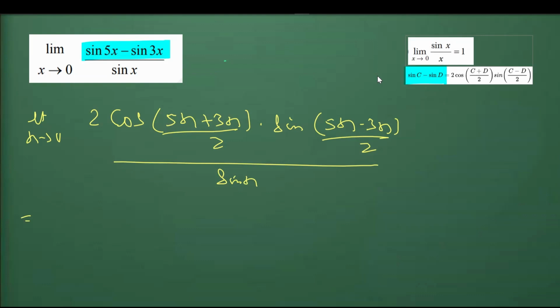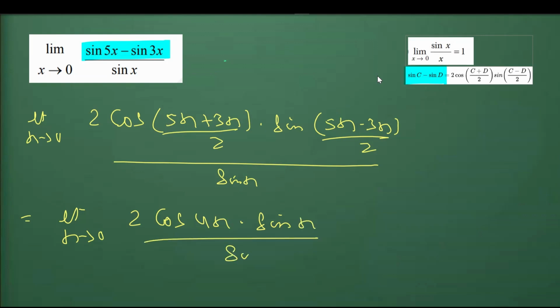Now, after simplification, what we are going to get here is limit x tends to 0, 2 cos 5x plus 3x is 8x over 2, that is 4x. One more time, 5 plus 3 is 8 divided by 2 is 4. So that's why it's 4x. That multiplied by sine, 5x minus 3x is 2x, divided by 2 is x, over sine x.